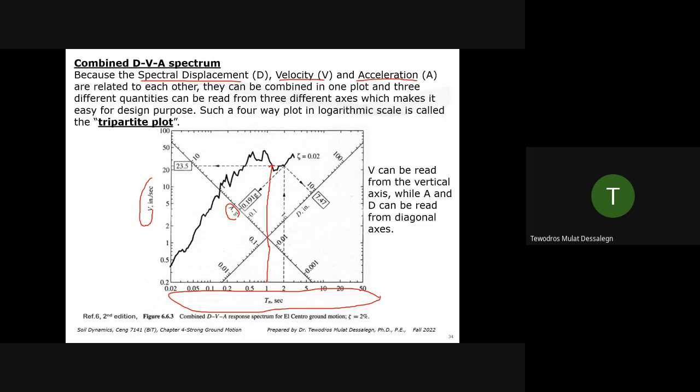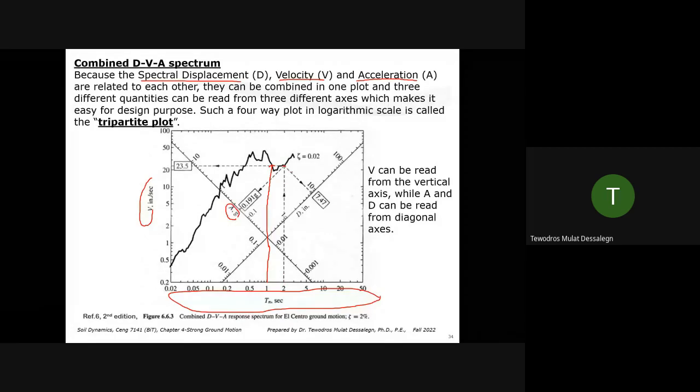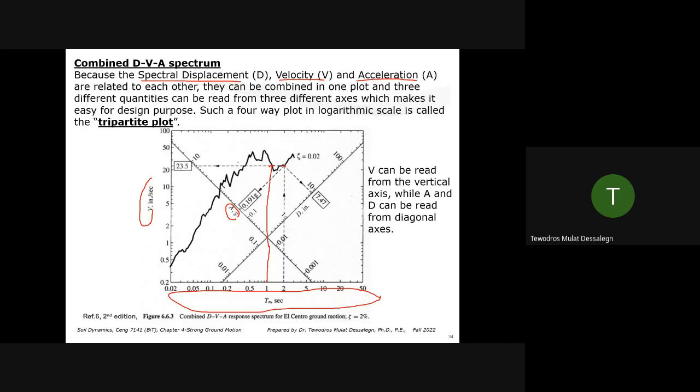Or in this case, let's use the 2 seconds, it's already done here. With 2 seconds, you go to the chart directly. And for the spectral velocity, go from this point perpendicular to the velocity axis. In this case, it's 23.5 inch per second.